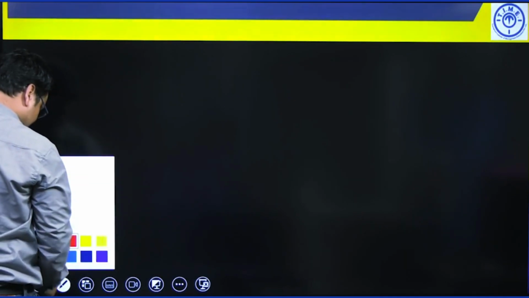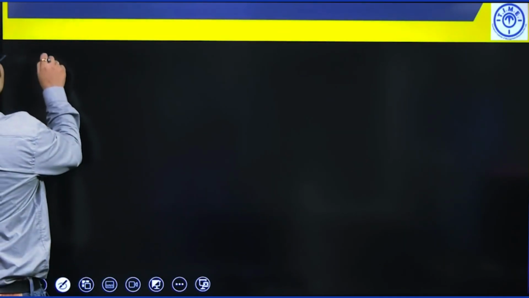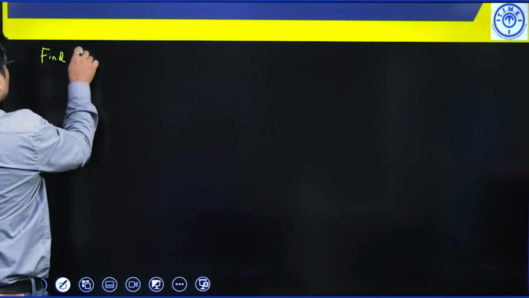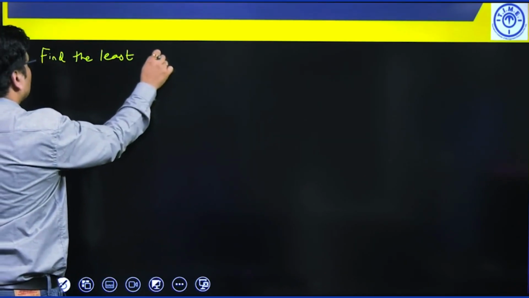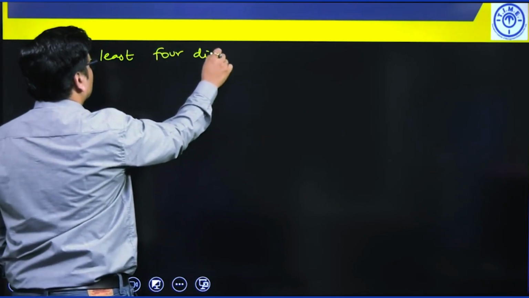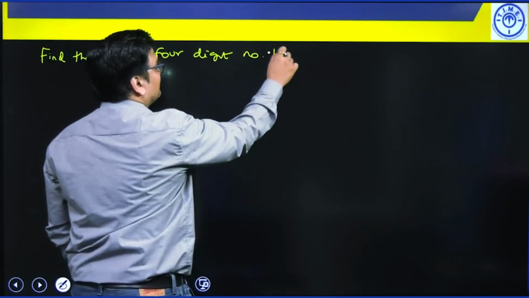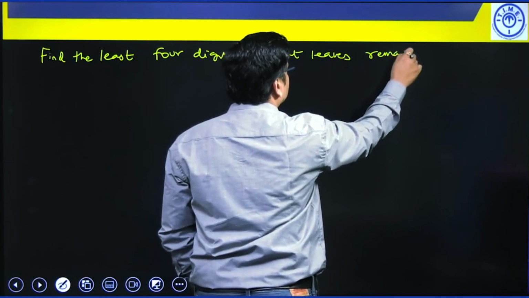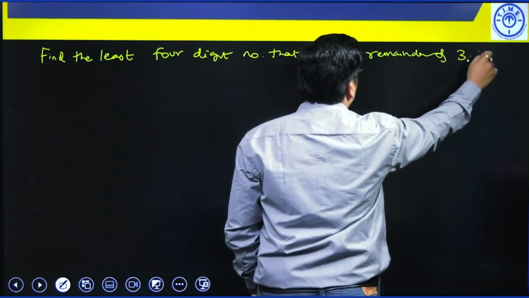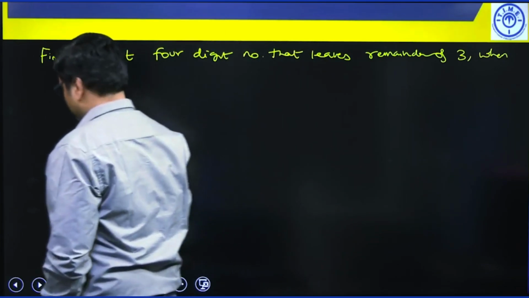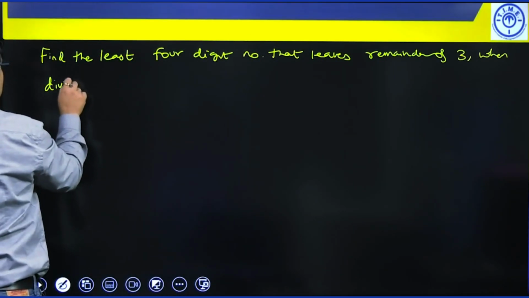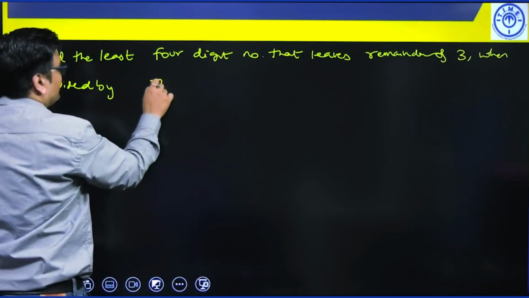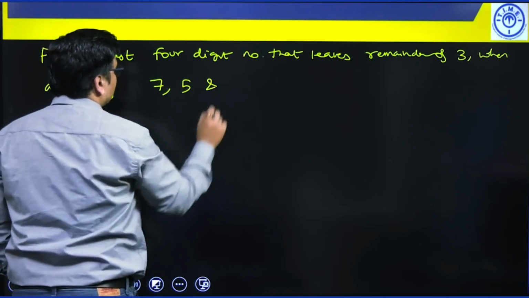If I say, find the least 4-digit number that leaves a remainder of 3 when divided by 7, 5 and 6.